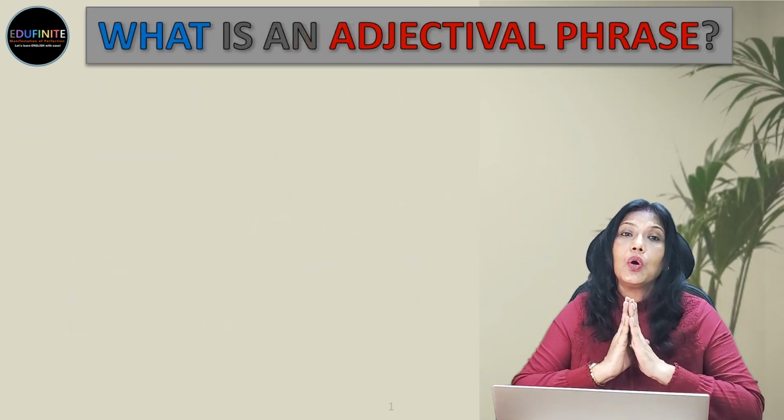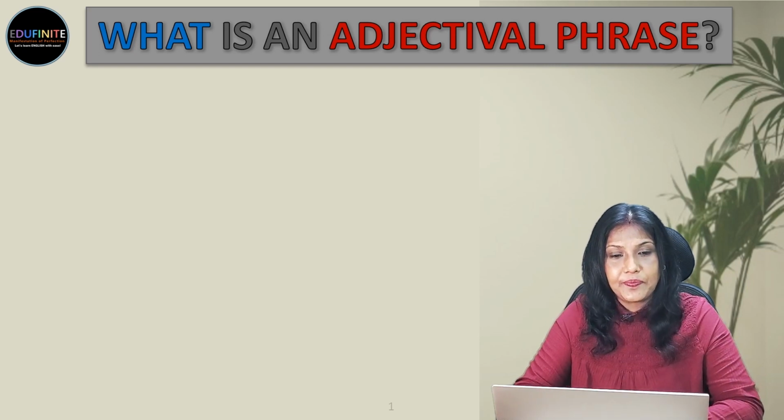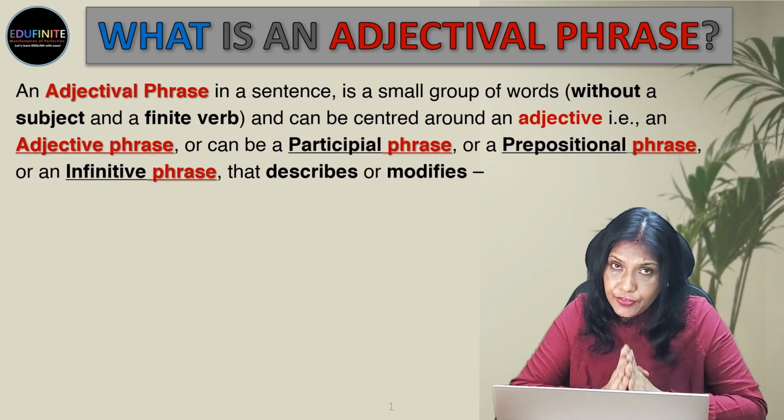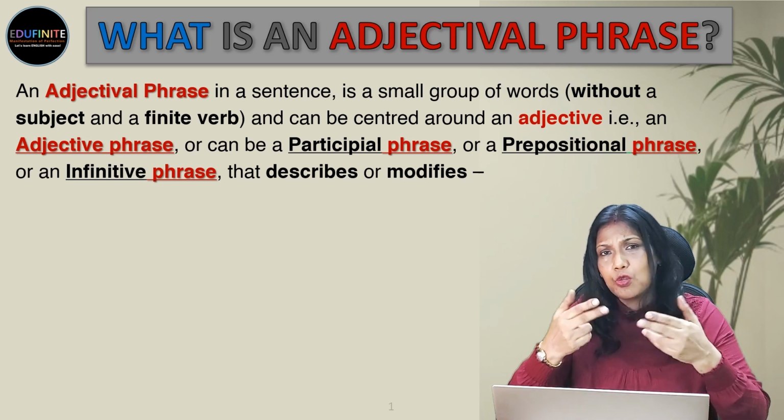So these two, sufficient and 3, are quantitative adjectives. Next we come to phrase. What is an adjectival phrase? Okay, an adjectival phrase in a sentence is a small group of words, that means 2 or more words.